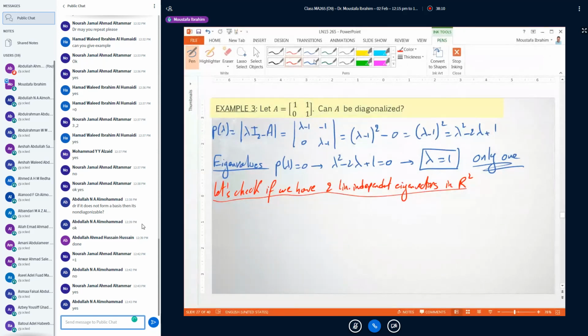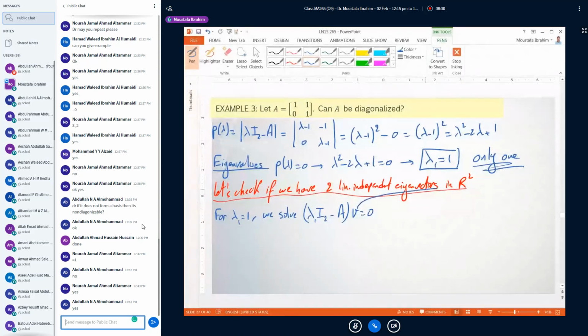So, we have only lambda equal 1. We solve lambda 1 I2 minus A times V equals 0.